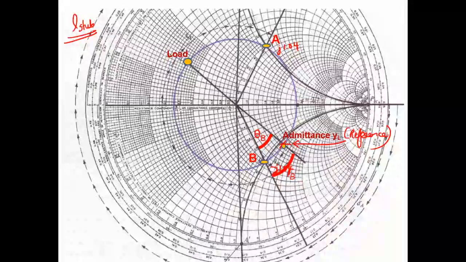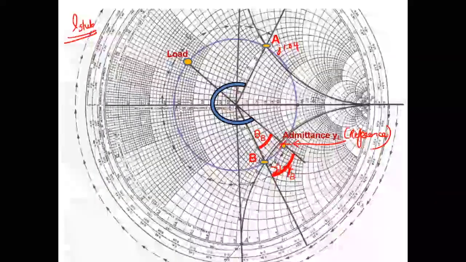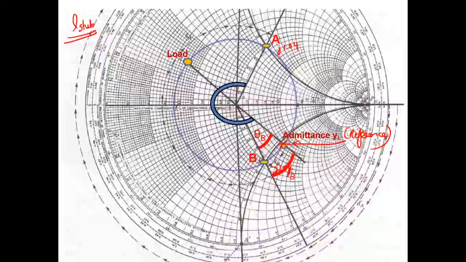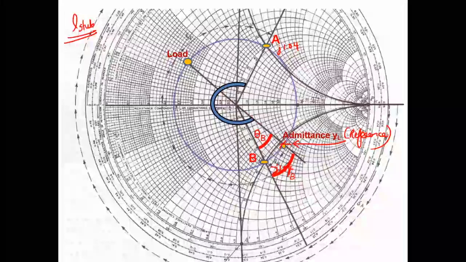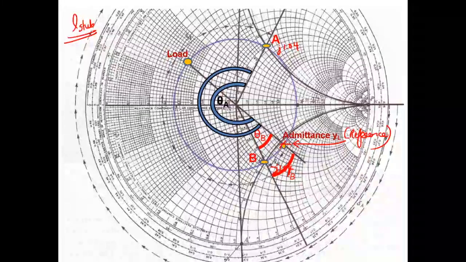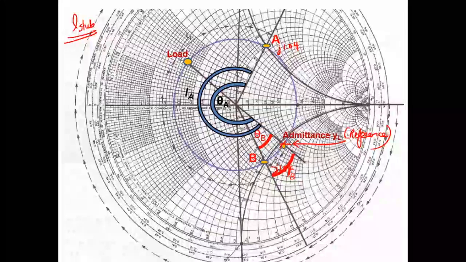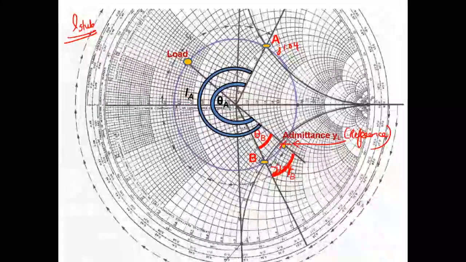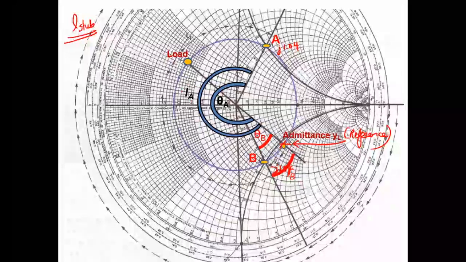This is the length LB. Similarly, this will be theta A. Just check, this is the corresponding reference, and to A this is the angle. So that is theta A, and the corresponding length will be LA. So LA represents the distance of the stub from the load.